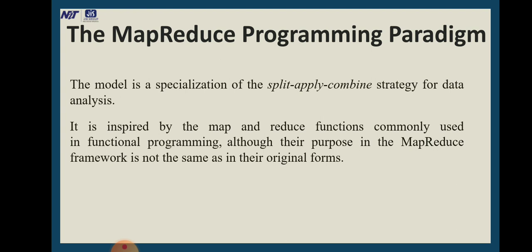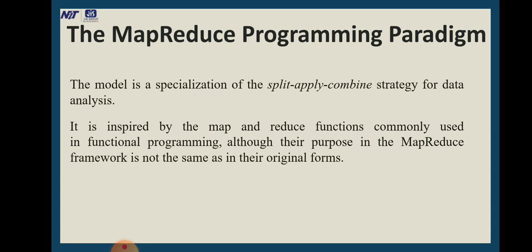MapReduce allows distributed processing of the map and reduction operations. Map can be performed in parallel provided that each mapping operation is independent of the others. In practice, this is limited by the number of independent data sources or the number of CPUs near each source.